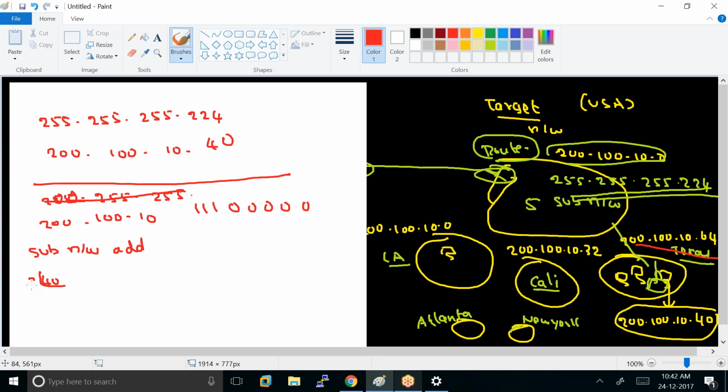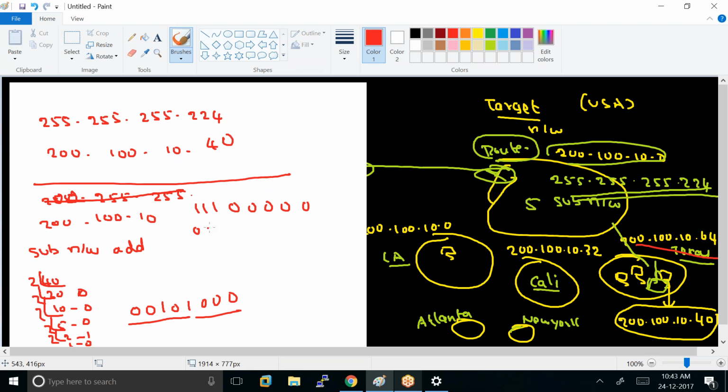For 40: 40 divided by 2 is 20 remainder 0, 20 by 2 is 10 remainder 0, 10 by 2 is 5 remainder 0, 5 by 2 is 2 remainder 1, 2 by 2 is 1 remainder 0. Therefore 101000, and to make it 8 bits, we have computed the binary value.